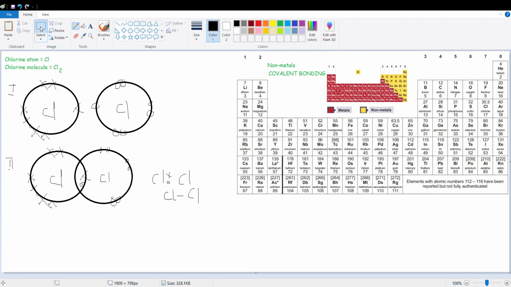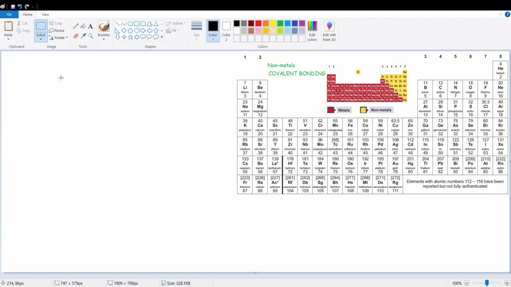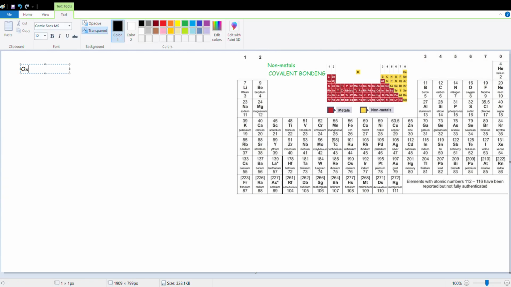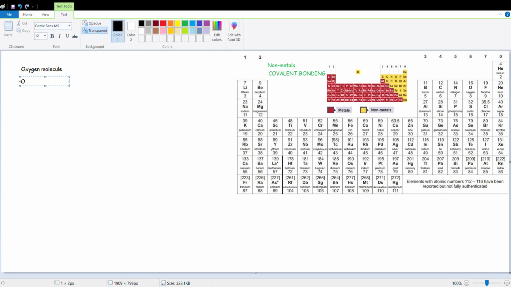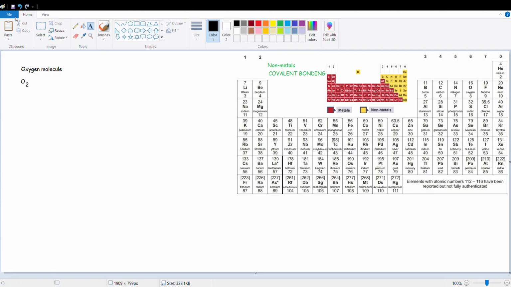Now let's go for another one, which is O2, the oxygen molecule. We need to find O in the periodic table, and it is here, group number 6, which means 6 electrons in the outermost shell.